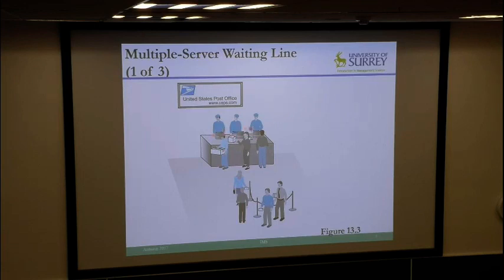Every employee might have a service rate, for example mu, and another mu, and another mu. With three servers working in parallel, effectively we can have a much bigger service rate than just one mu.